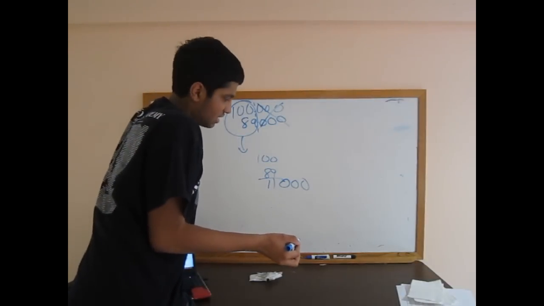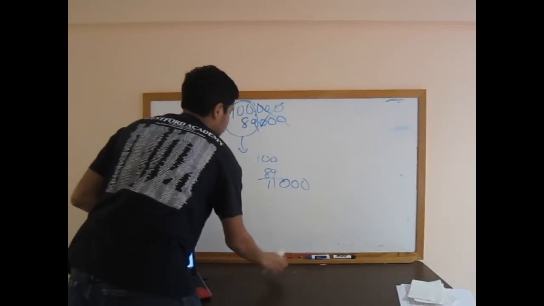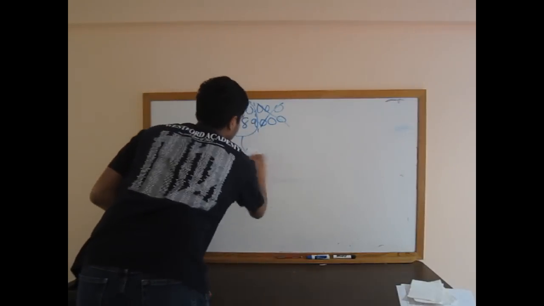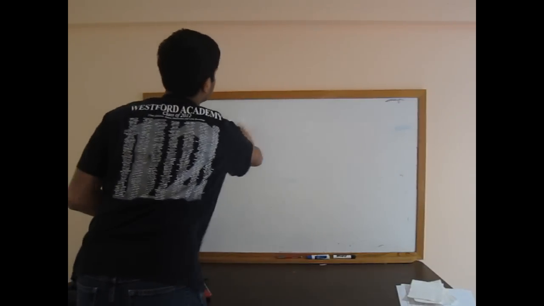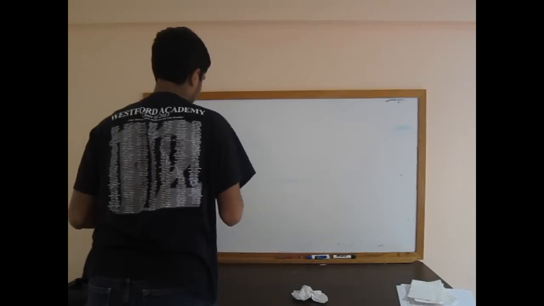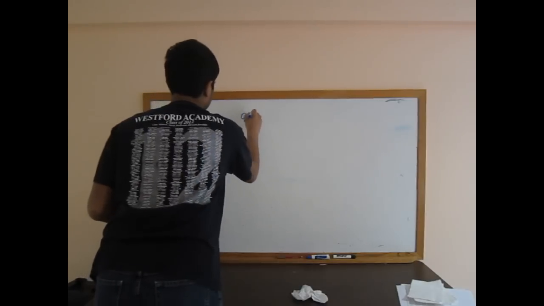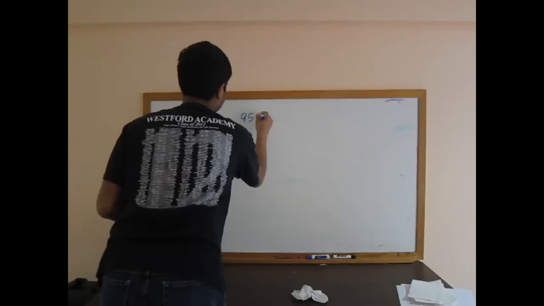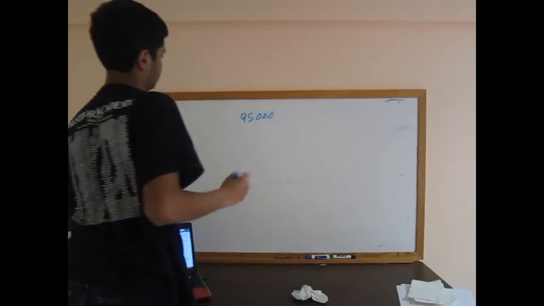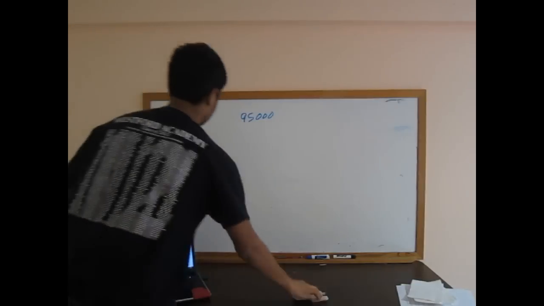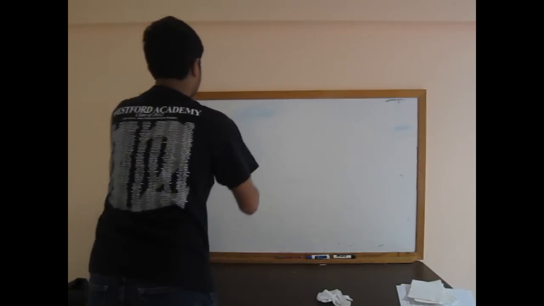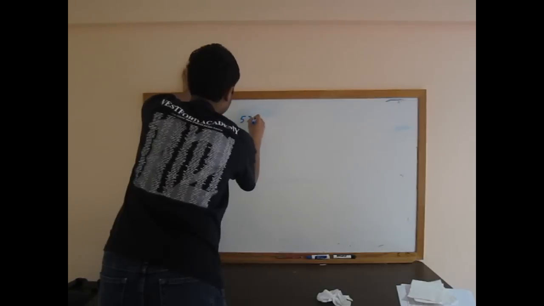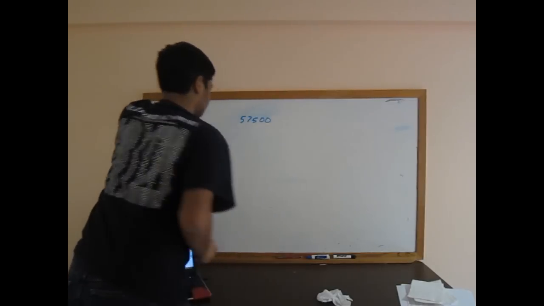It's 11,000. So, let me describe the general pattern to you. If you have a number, say 95,000, yeah, that's too easy actually. I'll give you a weirder one: 57,500.